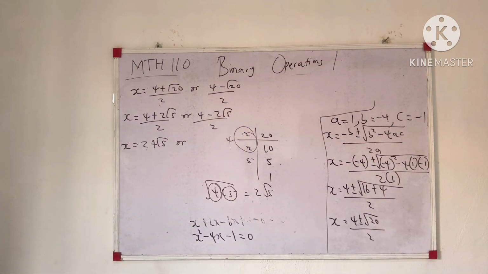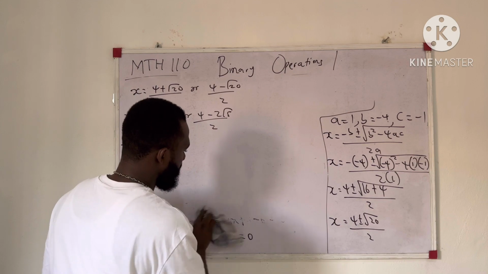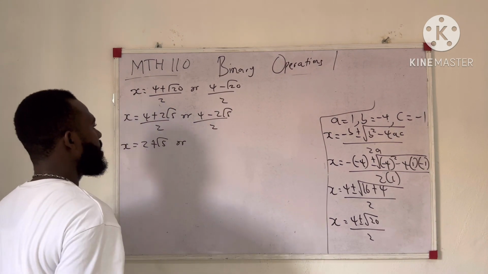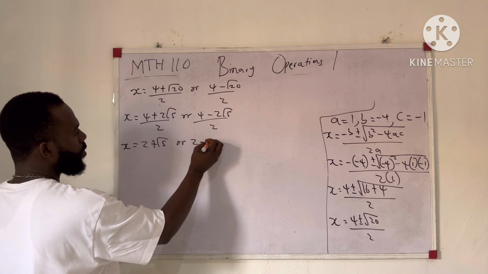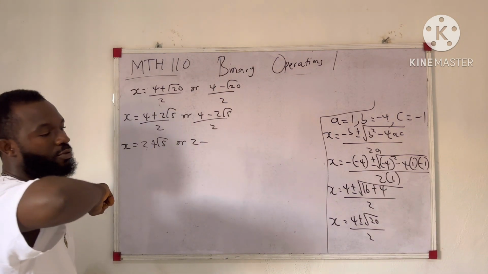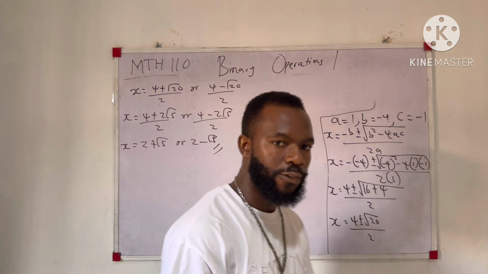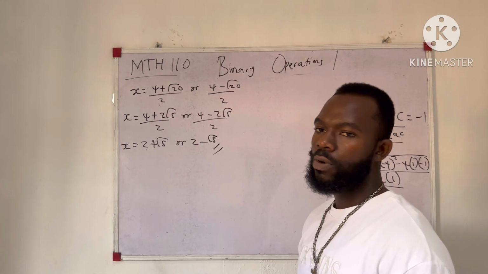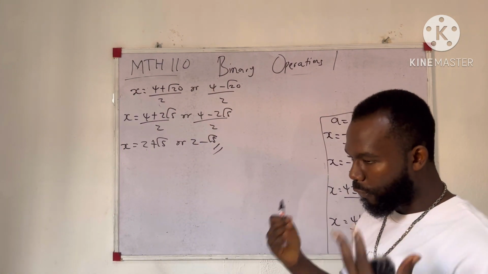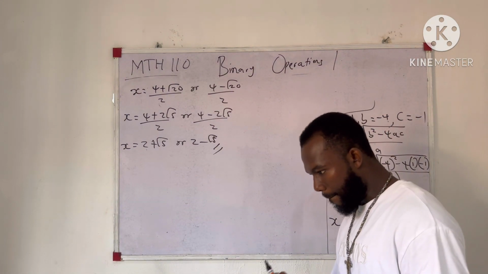Or, if 2 cancels out 4 here, I'll have 2 minus, and if 2 cancels out 2, what do I have left now? Root 5. So you see, these are the values for x. X is either 2 plus root 5 or 2 minus root 5, if we solve using the formula method.